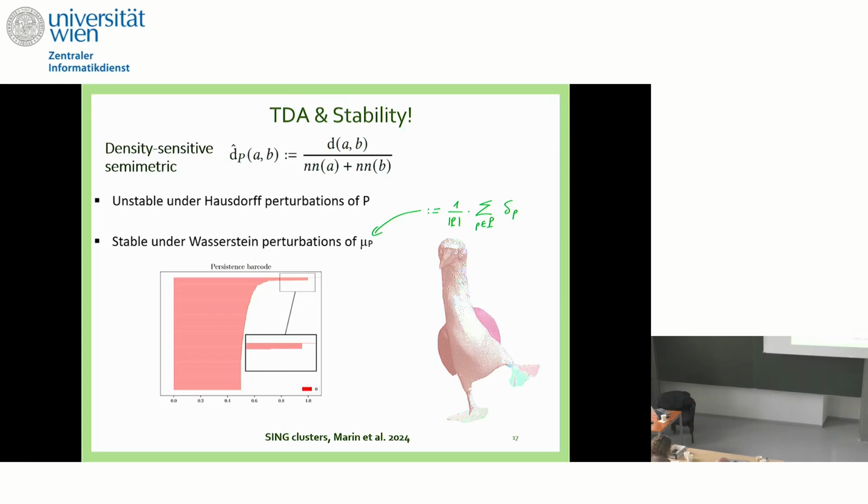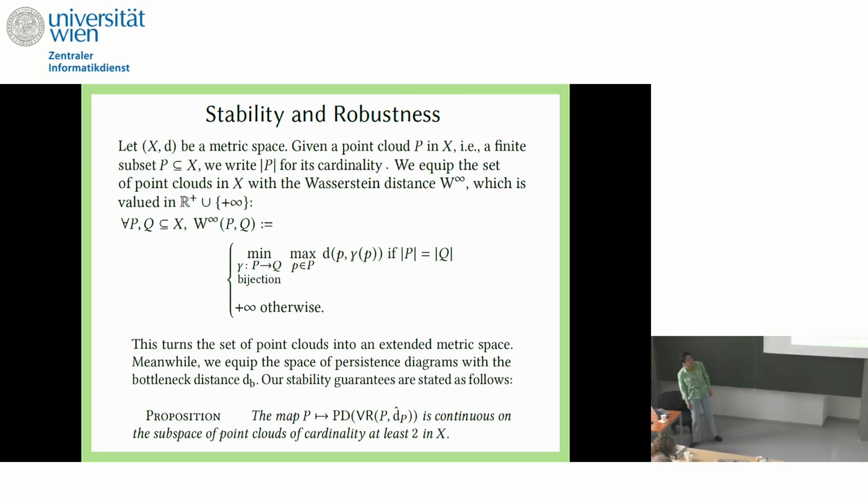The fact is that they are unstable under Hausdorff distance, Hausdorff perturbation of P, but we came up with some stability property through Wasserstein, by looking at these point clouds as sums of Diracs and considering them in a space, you can see it as defining a Wasserstein distance over the space of point clouds, in order to be able to prove the same kind of stability results at the end.